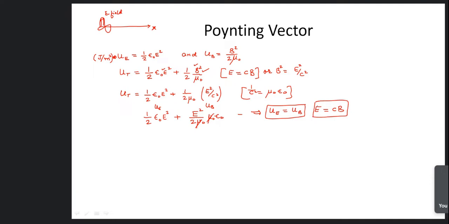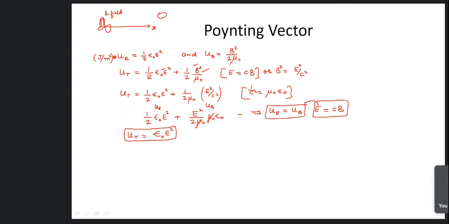But energy densities are equal in a propagating electromagnetic wave. So I can write that total energy density is epsilon naught times E square. Half epsilon naught E square plus half epsilon naught E square gives you this. This is when electromagnetic wave is propagating.